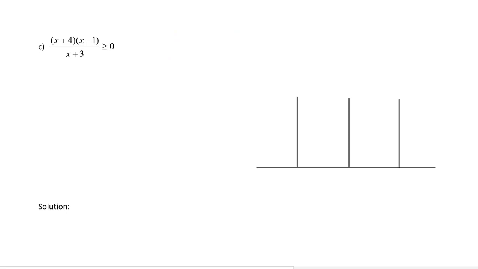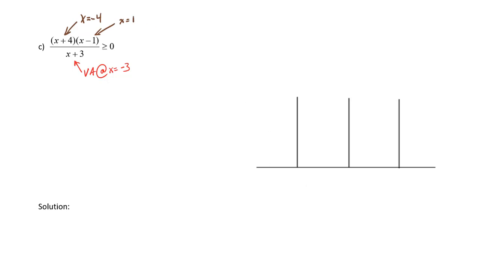And we are officially on the last question. We have x plus 4 times x minus 1 all over x plus 3 is greater than or equal to 0. Again, we're going to sketch really quickly, identifying the zeros and the vertical asymptotes. We have a vertical asymptote at x equals negative 3, and we have roots at x equals negative 4 and at x equals 1.